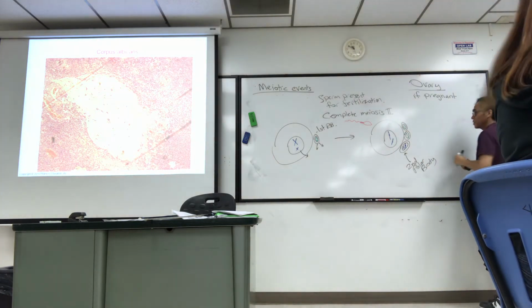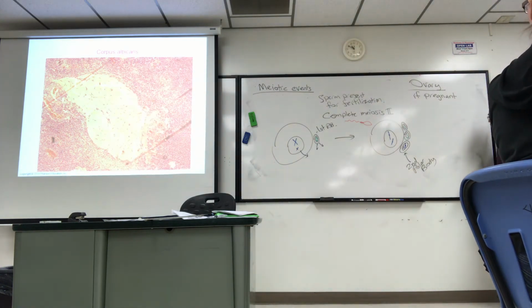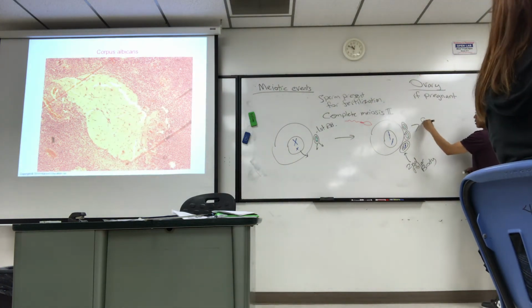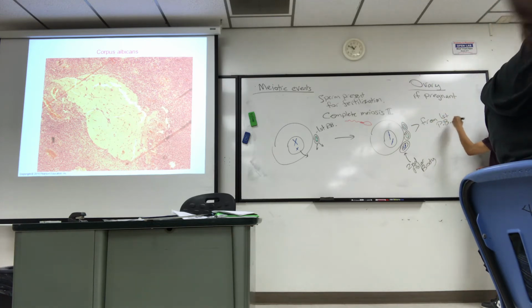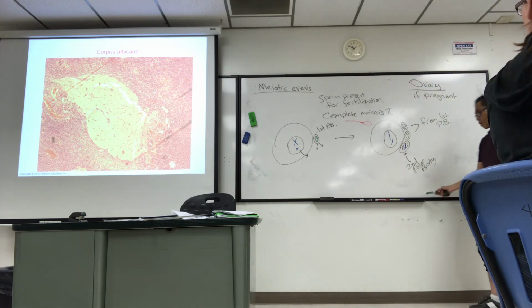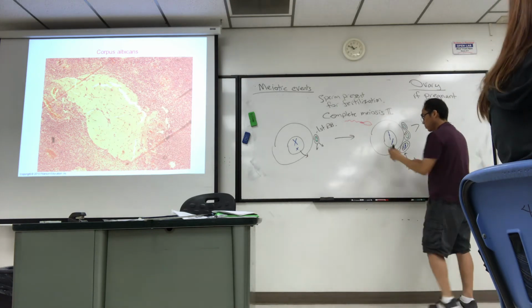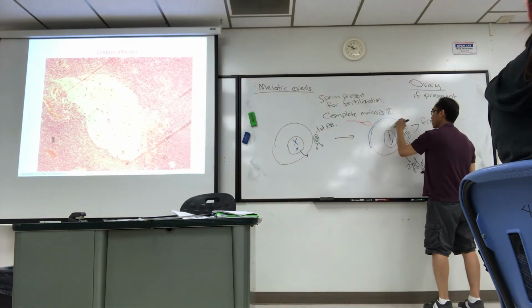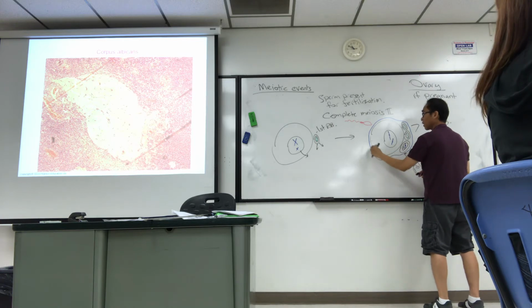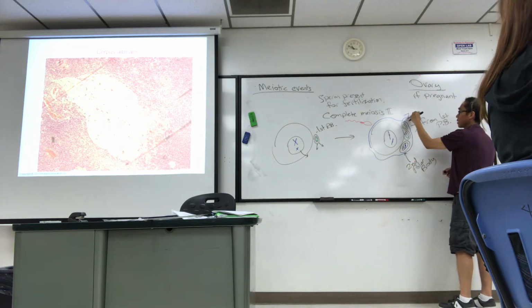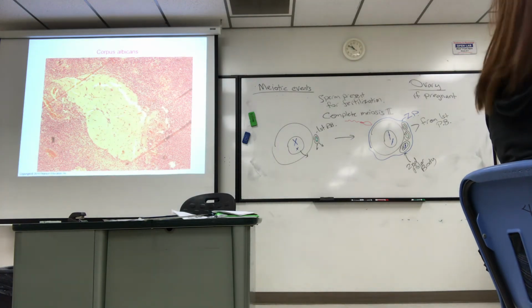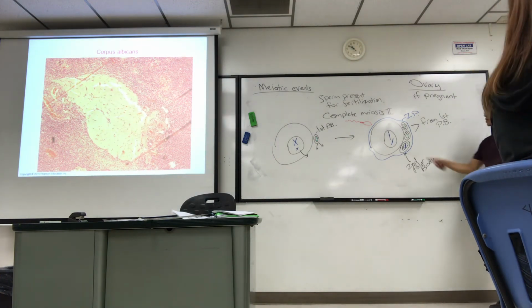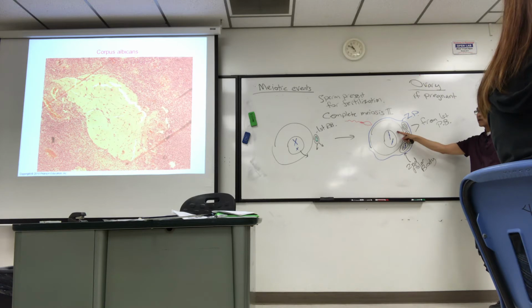So these two came from the first polar body, and they're all in the ZP, zona pellucida. Still there. But sperm will fertilize the secondary oocyte.